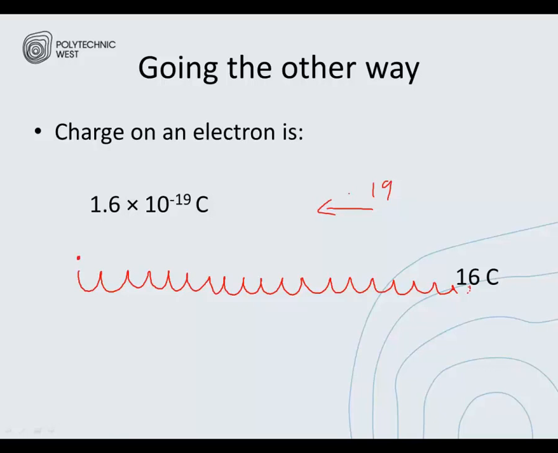Now, I've got zeros missing here, so I just put them in, just for the sake of completion. There we go. So that's going the other way. I just pointed it along 19.